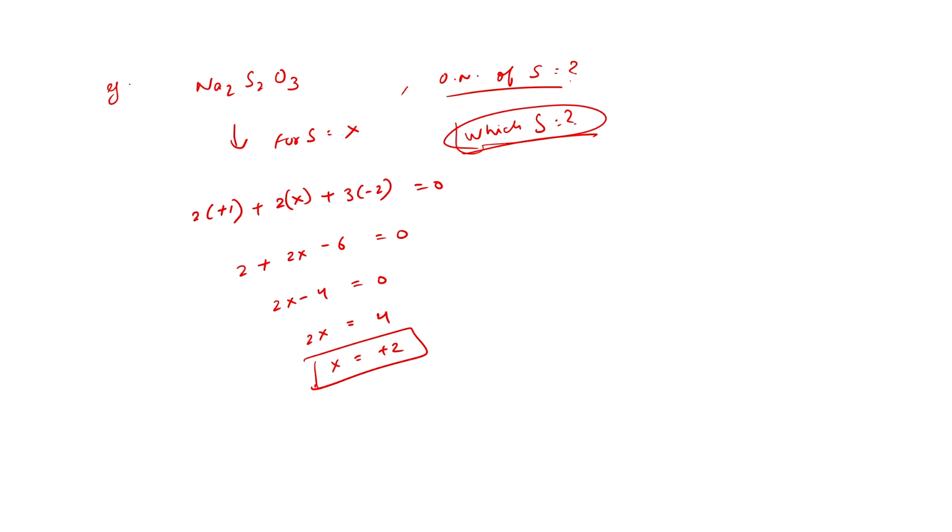The oxidation number of sulfur is +2. Now, you must be wondering whether +2 means one sulfur is +1 and another sulfur is +1. You do not need to worry about this at this level. You just see this is for one sulfur, and this is called the average oxidation number.